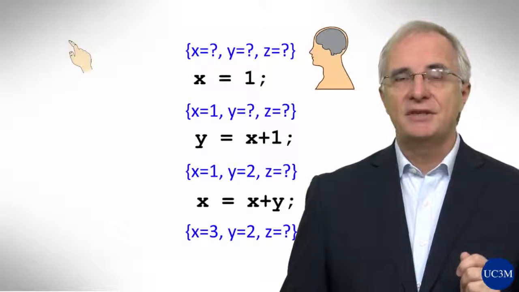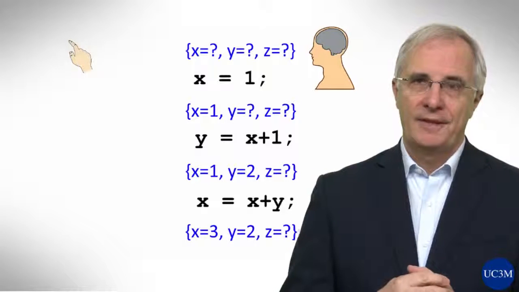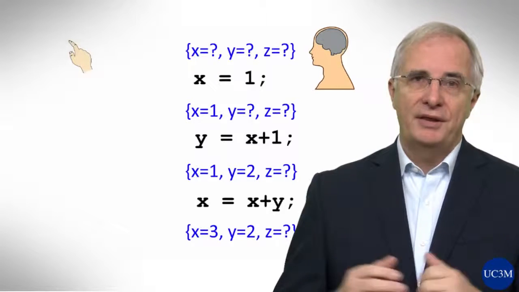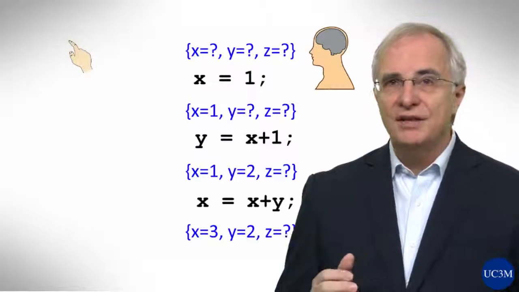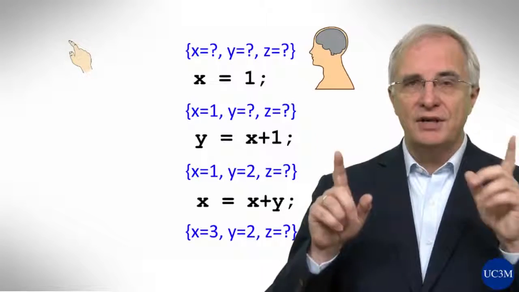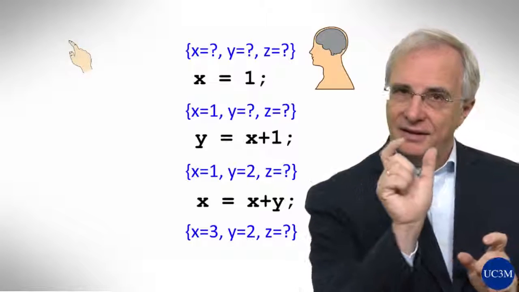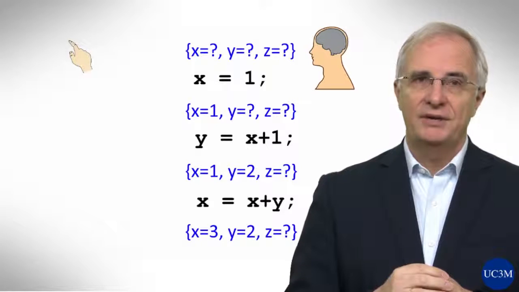An assignment statement therefore transforms a state into a state. Here is a notation to express what we are thinking of. You can imagine the states written between the statements.